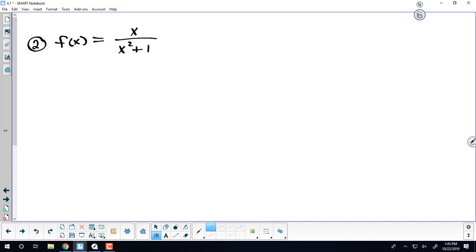We'll look at the function's derivative using the quotient rule. I'll just write the derivative here: minus x squared plus 1 all over x squared plus 1 squared.